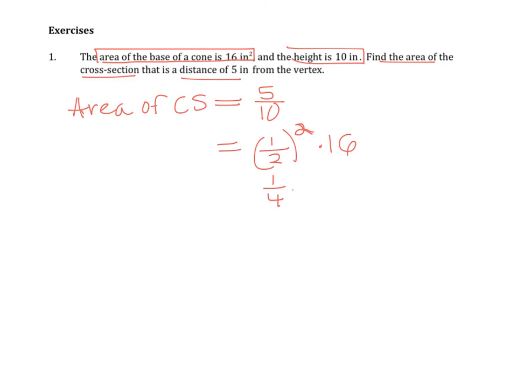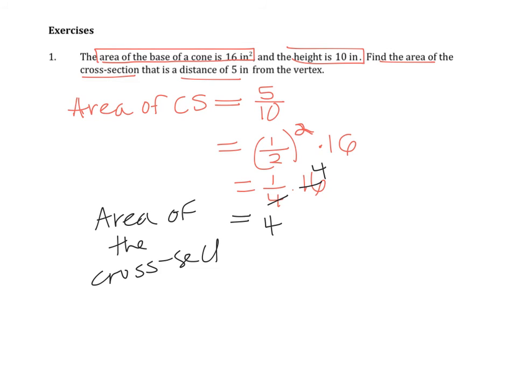So we get 1/4 times 16, and we know 4 goes into 16 4 times. So the area of the cross section, or the slice, is 4. And of course that's square inches.